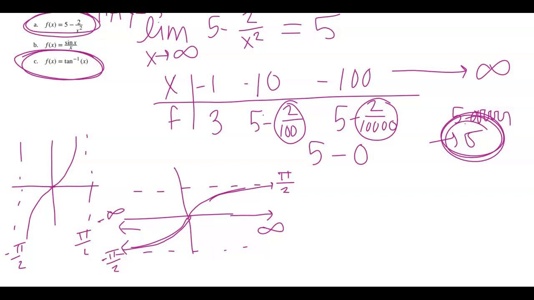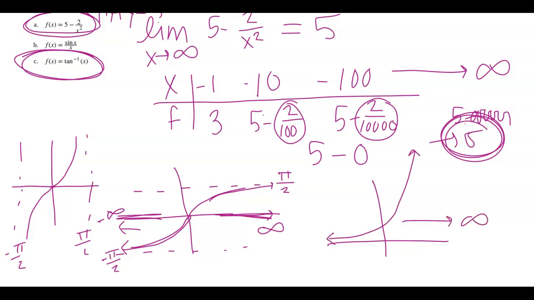So I actually have two horizontal asymptotes. You have two end behaviors. For horizontal asymptotes, you want to make sure you evaluate on both sides, both positive infinity and negative infinity. And it is possible that you could have two different end behaviors. Think about the parent function, e to the x. If you only ever talk about as x goes to positive infinity, you're not going to find a horizontal asymptote, because the function values go to infinity.